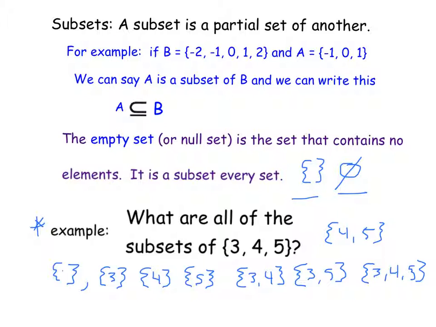So it would also include the subset of 3, 4, 5, because every set has a subset that includes all of the elements in the set.